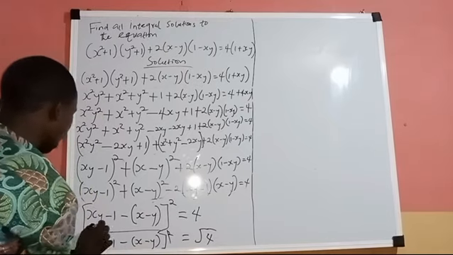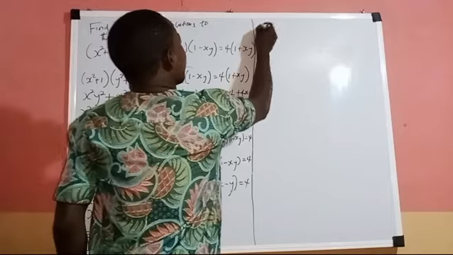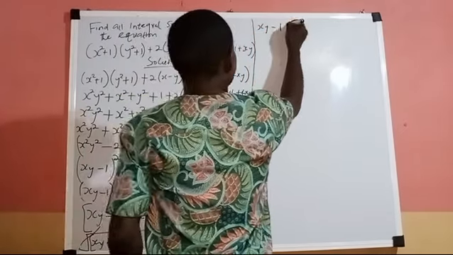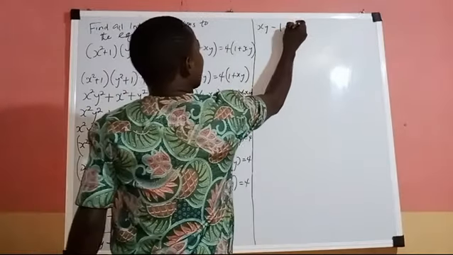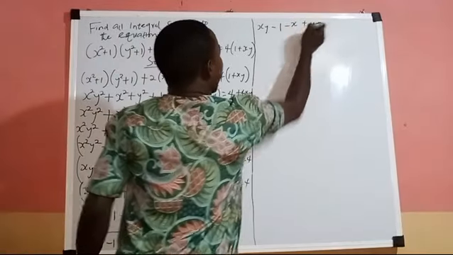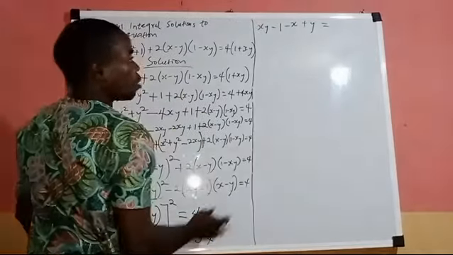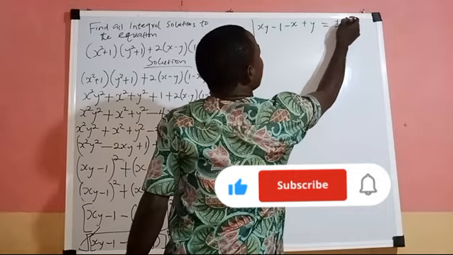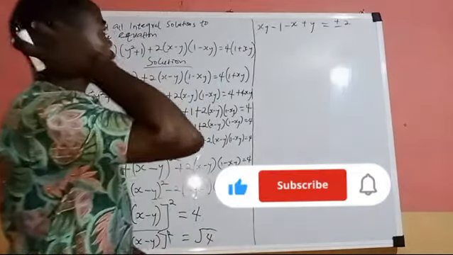Of course, these two will cancel the square root here, and then we are left with xy minus 1. If I open that bracket right there, I will see minus x, and then plus y. That's what we have on the left hand side, and if we take the square root of 4, it's going to give us plus or minus 2. That's what we have right there.